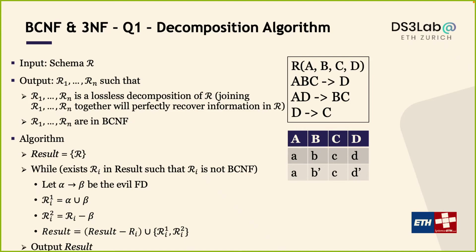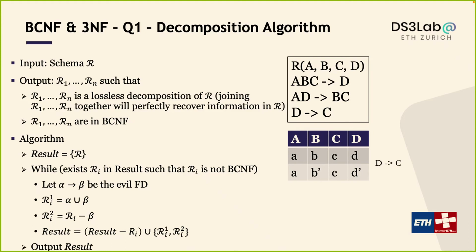If you look at this relation, you first check whether it's in BCNF or not. In this case it's not, because you have one functional dependency, D determines C, that causes a problem. So let's decompose it.